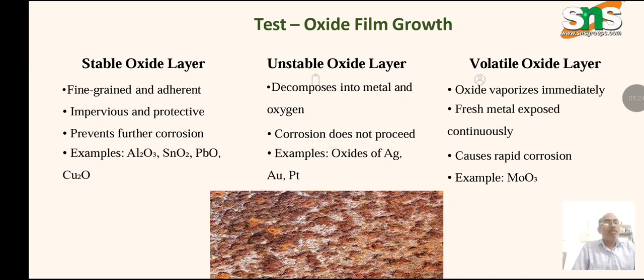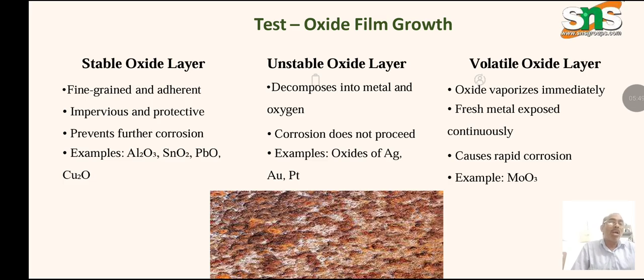For oxide film growth, there are three types: stable, unstable, and volatile oxide layers. A stable oxide layer is observed with aluminum oxide, tin oxide, lead oxide, and copper oxides; it is fine grained, adherent, impervious, and protective, and prevents further corrosion.